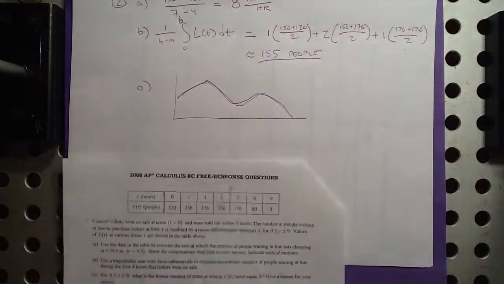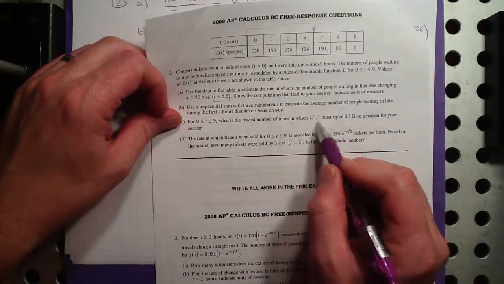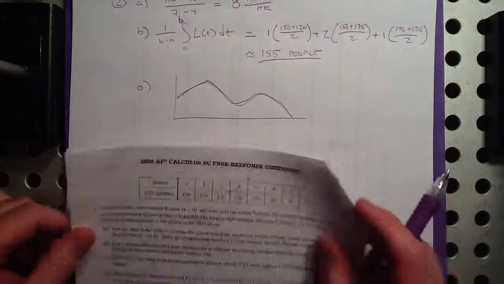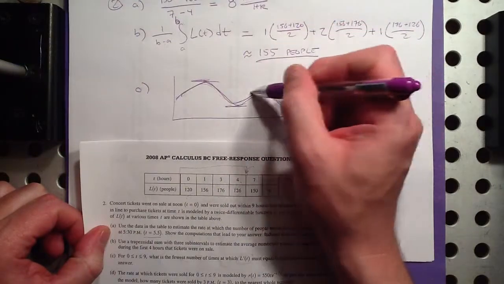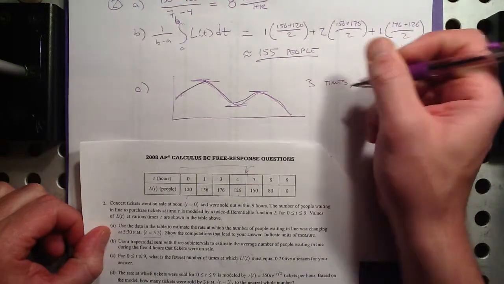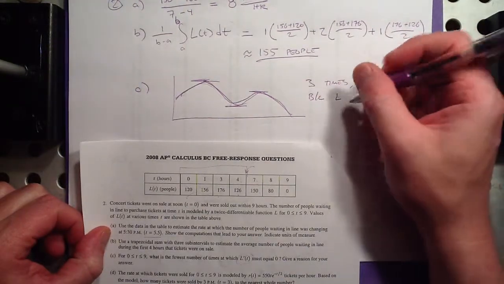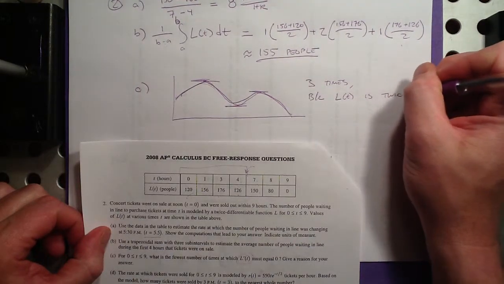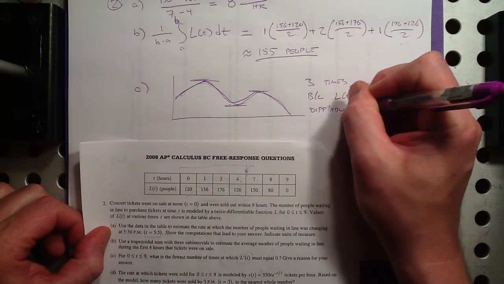All right, and they want to know what's the fewest number of times at which the derivative of this must equal 0, and give a reason for your answer. Well, it looks like 3 times, because L of t is twice differentiable, which they told us.